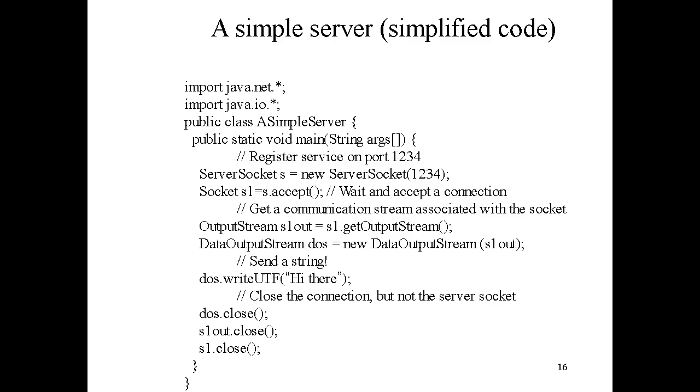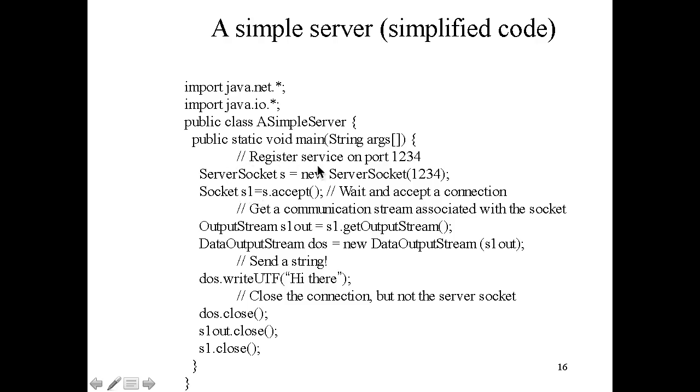A simple server here is shown where we create what's known as a server socket. It comes in on some port number. We'll use port 1234. When the connection's made, we do an accept, and the left-hand side of the equal sign is returned.